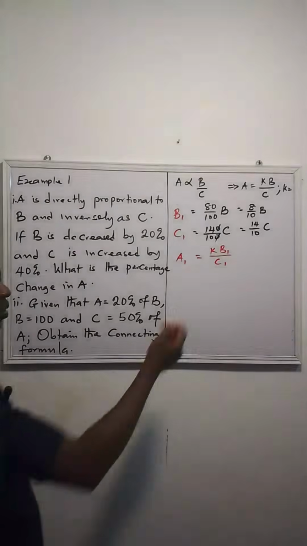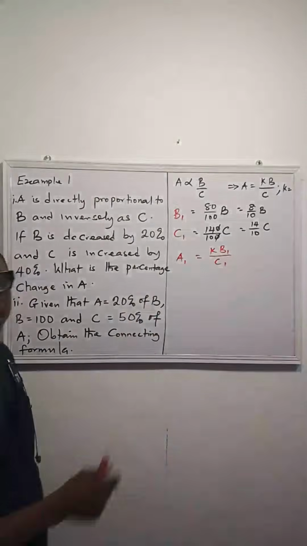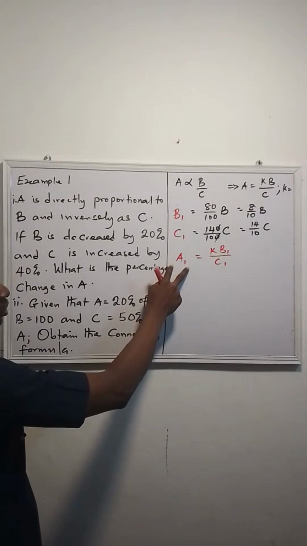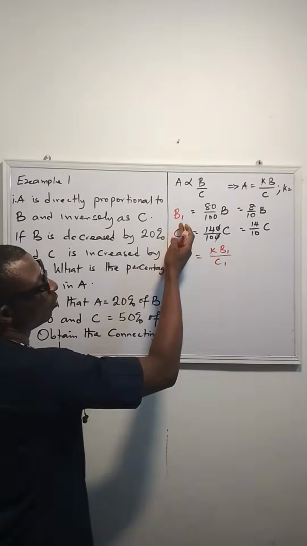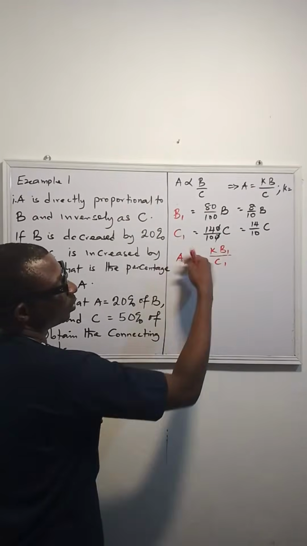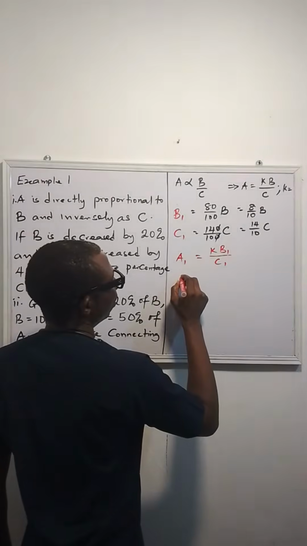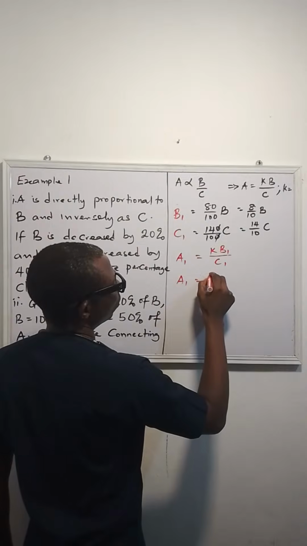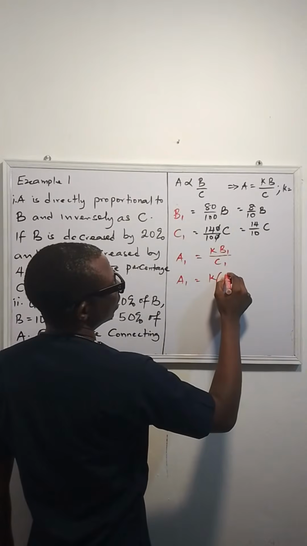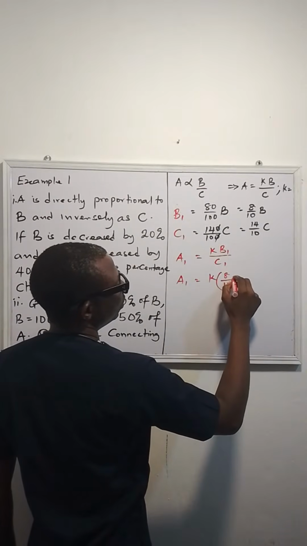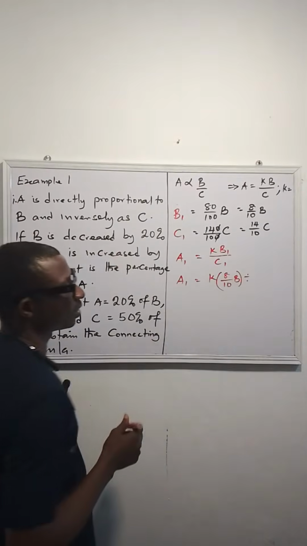There have been changes on B1, C1, and A1, and we want to see the percentage increase or decrease in A. Now let's plug in the values of B1 and C1 into this equation. So A1 equals K times B1. What is the value of B1? That is 8 over 10 B divided by C1.